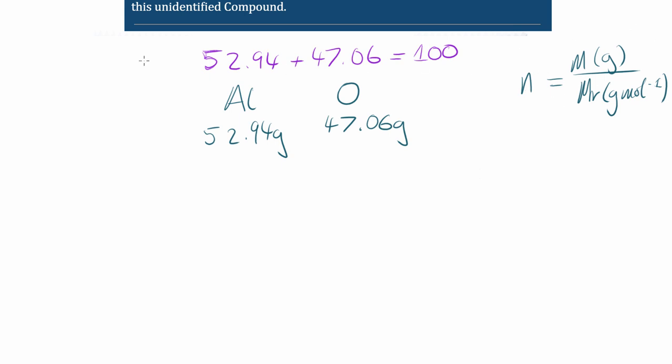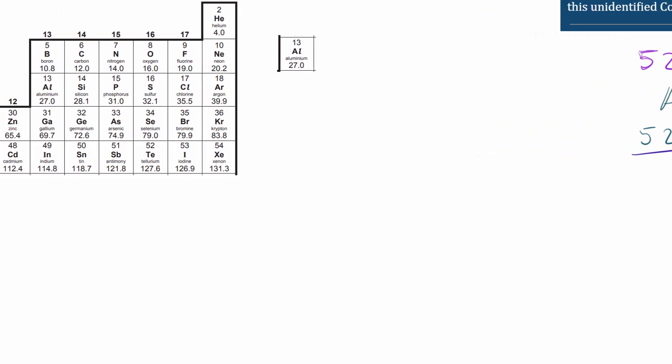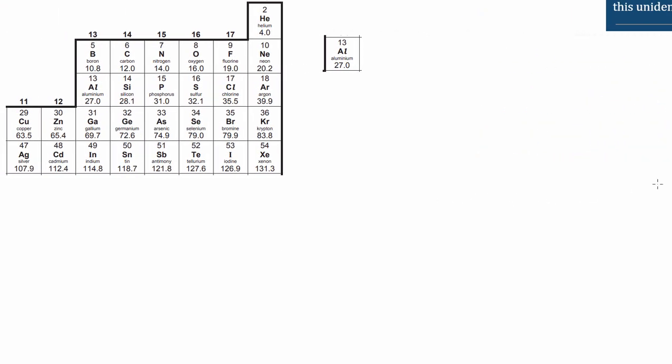Now, we want to convert this, as we said, to amount of substance. And we can see from this equation that what we need to do with the masses is divide each of these by their respective molar masses. And we can get that from the periodic table. You may already know what the molar mass of oxygen is, which is 16. But nonetheless, we're going to go through the whole process and work this out on the periodic table.